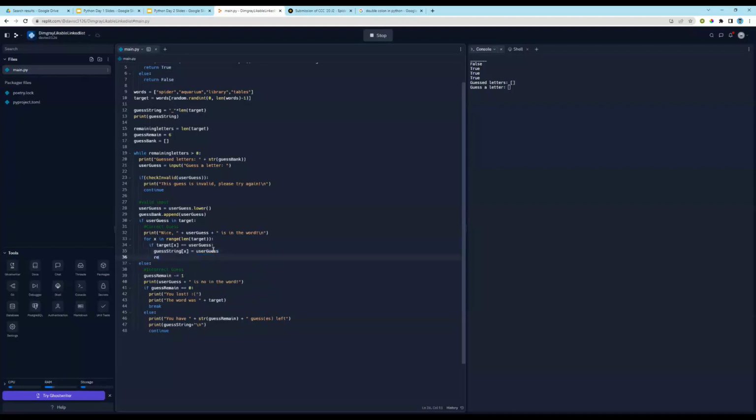And then we'll have to update our remaining letters to make sure that we do minus equals 1. And then yeah, that should be it for this part. At the end of the for loop, we just print out our guess string again.